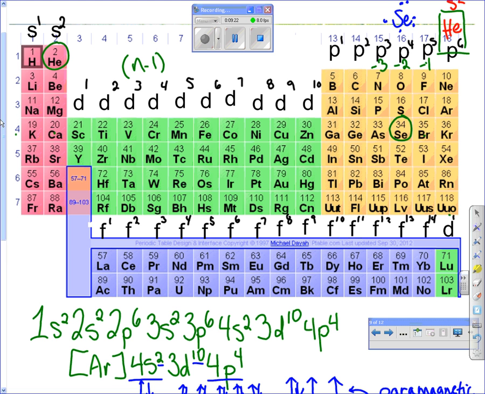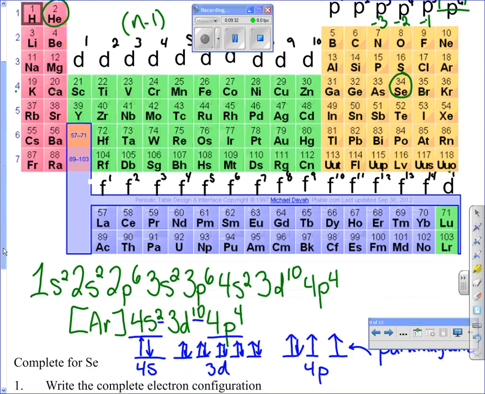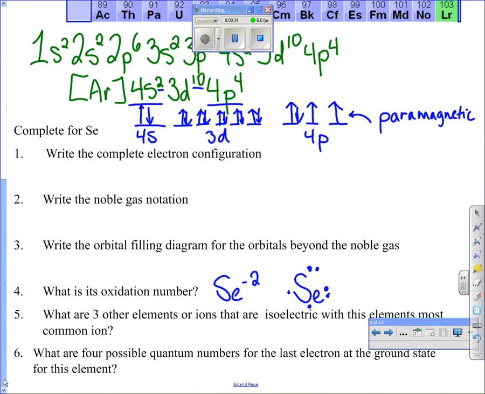We can pop over here to the ones that are positive. Positive means that you lose electrons. So 37 minus 1 would be 36. So who would be isoelectronic with Se -2 would be, and again, I'm going to just start with krypton because they're all going to have 36.